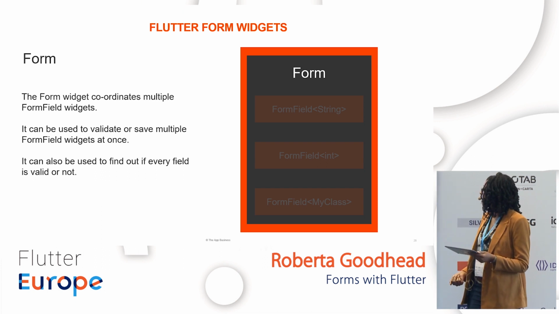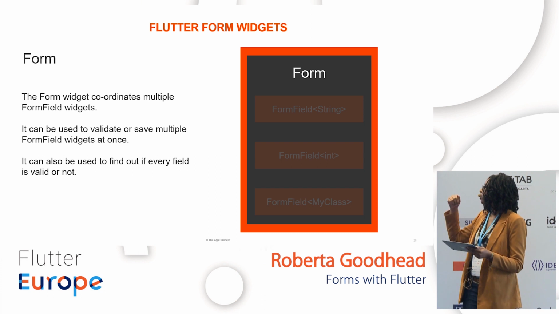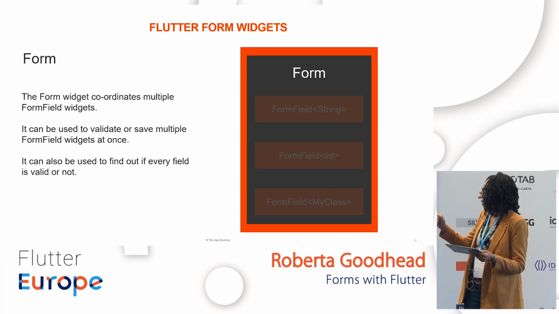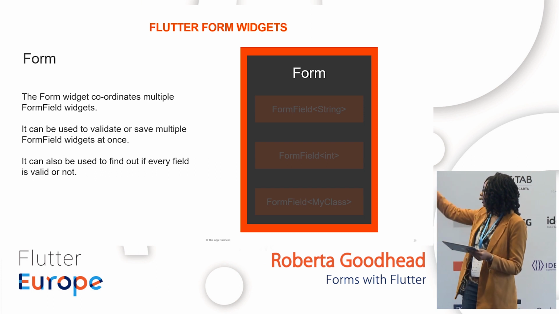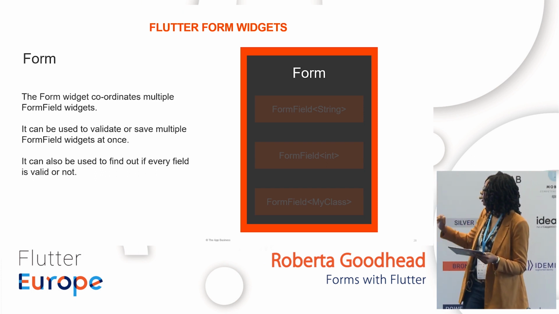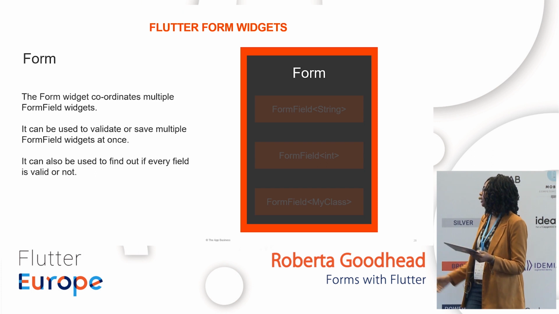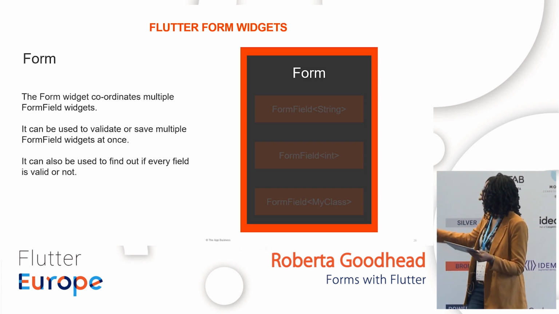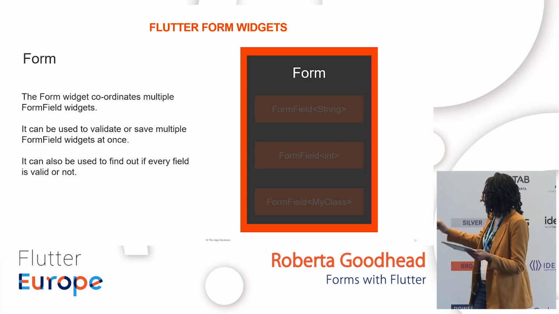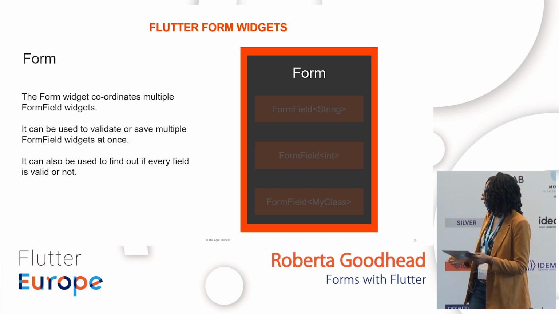So each form field can handle its own validation, but the form itself can coordinate and at once validate every form field widget. So what it can do is traverse down the tree, find every descendant of form field, and validate each one in turn.